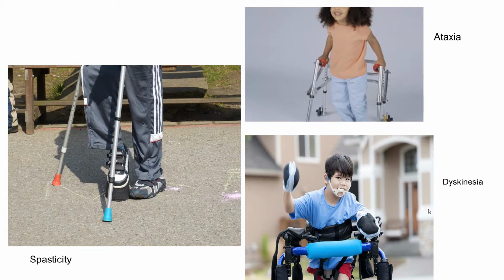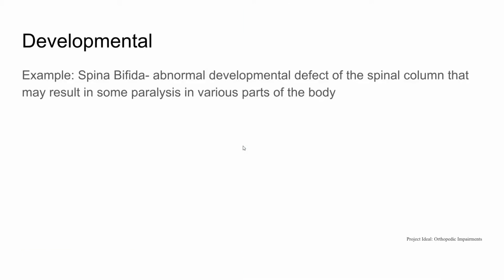And dyskinesia, the fairly severe form of cerebral palsy, so this individual has uncontrollable movements of his limbs. That's one reason why he has these mitts or pads over his hands, so that he doesn't damage himself due to these uncontrollable movements.